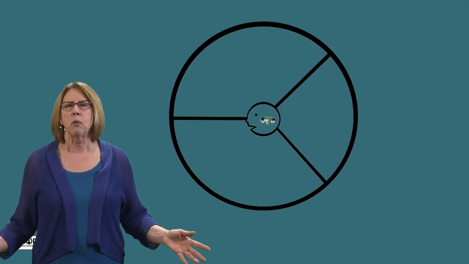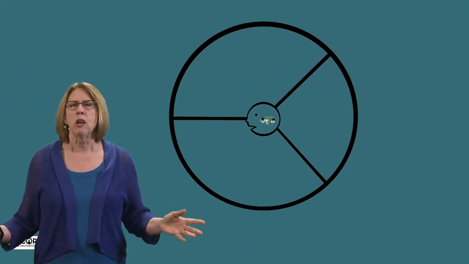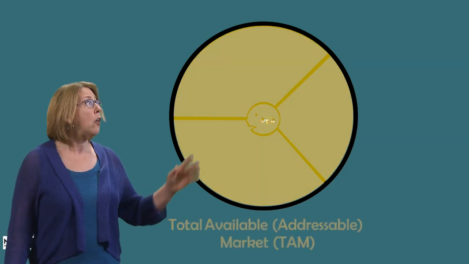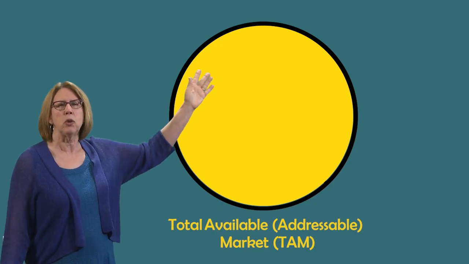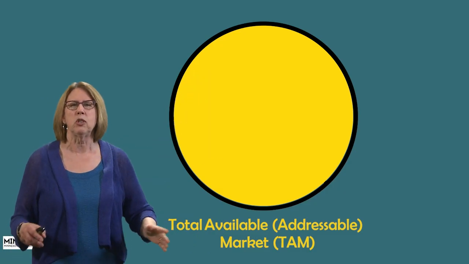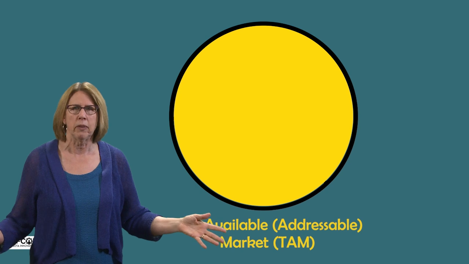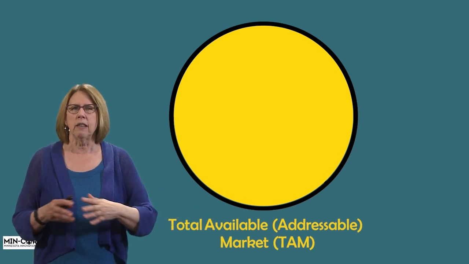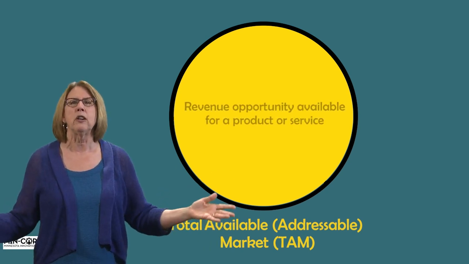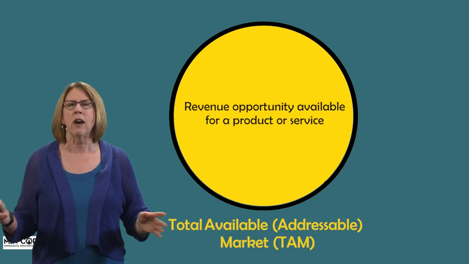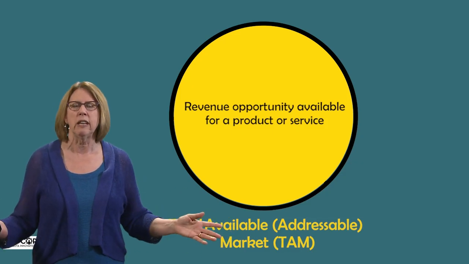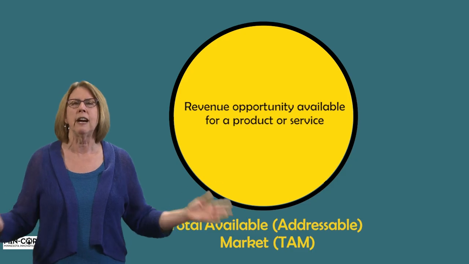You'll also come across a lot of vocabulary related to market potential and market segmentation. You'll often hear the idea of the total available market or the total addressable market, and sometimes people will just start calling it the TAM. And this is the very large revenue opportunity available for a product or service, and something you're highly unlikely to ever achieve simply because it's the entire universe.